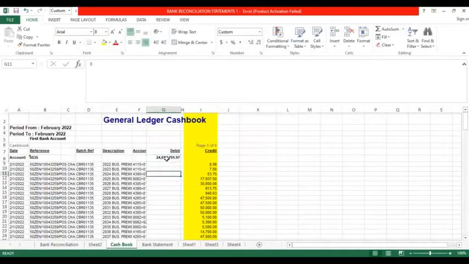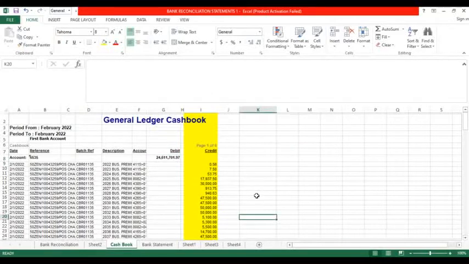What we're supposed to do, we must first reconcile the opening balance, check the audited accounts, see the correct figure, and see if there's any journal they have passed that makes the balance in cash book different from the opening balance in the bank statement. From there, make sure you adjust the first two. When the two are adjusted, from there you will know what to do about it.